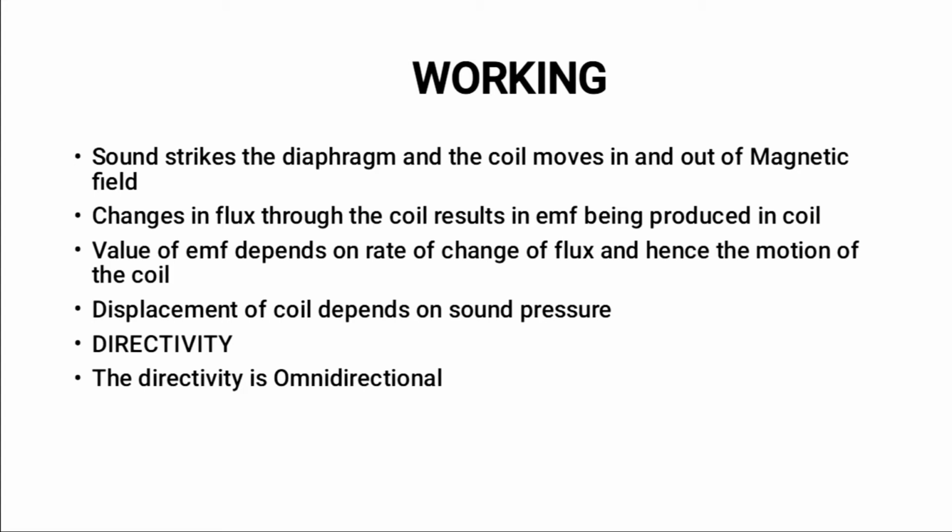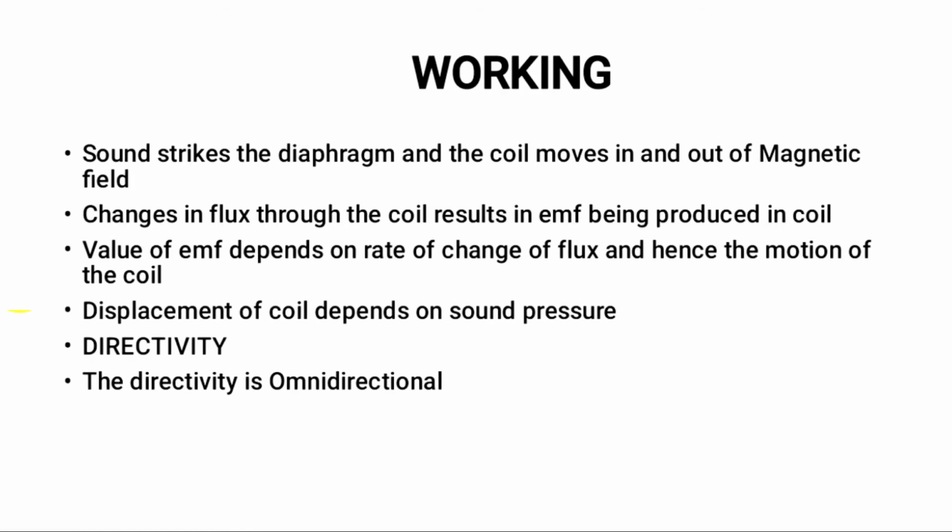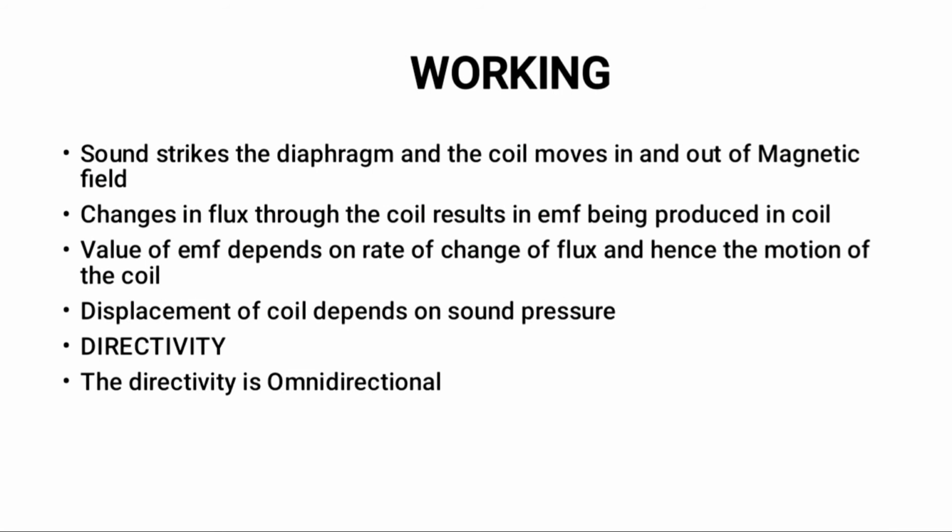Now we can see the directivity of this moving coil microphone. The directivity of this moving coil microphone is always omnidirectional in nature, that is, it will be around 25 centimeters around the microphone area. Then the value of EMF depends on the rate of change of flux.